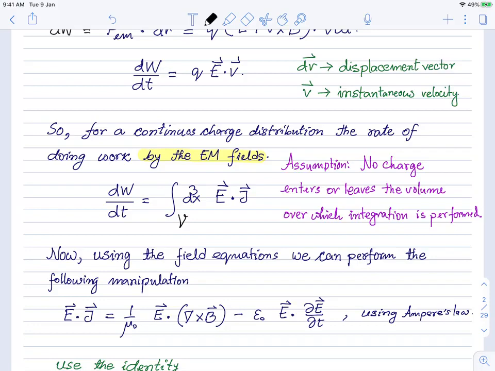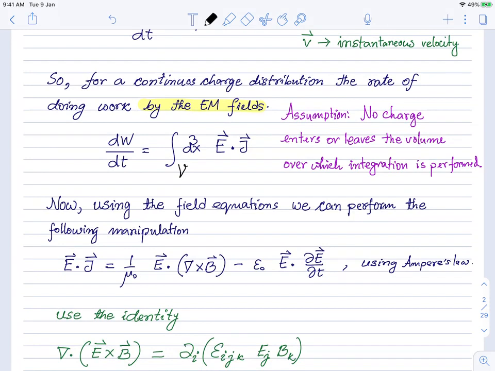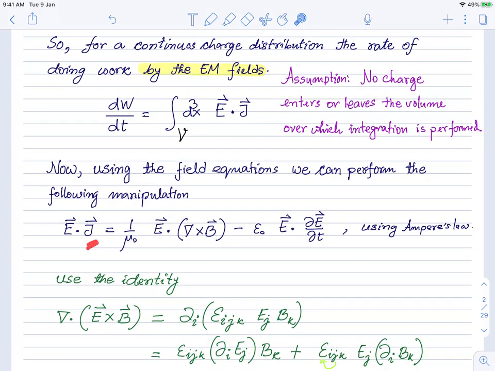Okay, very good. If we assume that, then we can do some algebraic manipulations on this expression E dot J using the field equations, or Maxwell's equations. To start off with, we can substitute for J using Ampere's law.